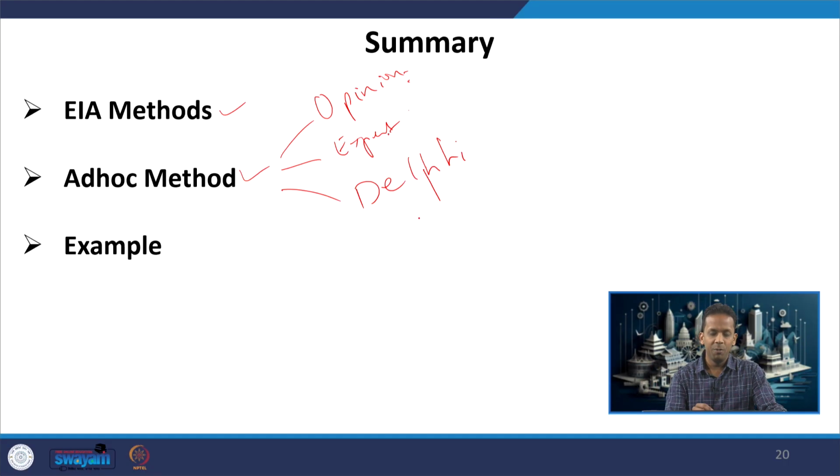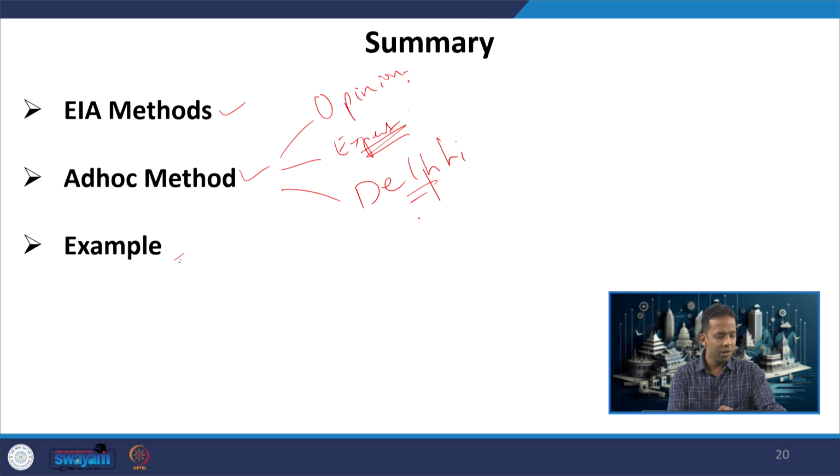Expert opinion again involves stakeholders, but experts from different fields, and it is most widely used because it is more reliable. Delphi is based on a series of questionnaires and feedback mechanisms. It also involves experts, but it is very time consuming, and it reduces the bias and the inconsistencies.